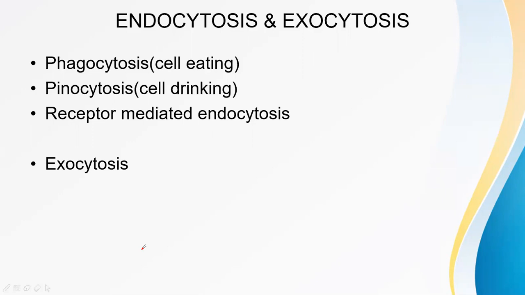Then the third one is receptor mediated endocytosis. It is the taking of specific molecules into a cell by inward budding of membranous vesicles that have receptor proteins specific to the molecule being taken. In this process, the plasma membrane produces some vesicles, like small buds.